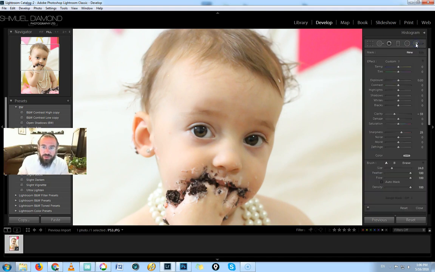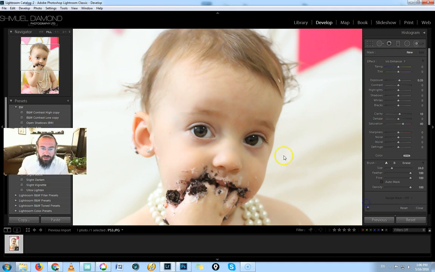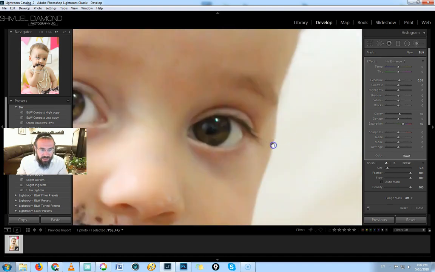And I think we will also go to our iris enhance. You can use the scrolling mouse to just drop that down, and that just gives us a little bit more energy in the eyes.